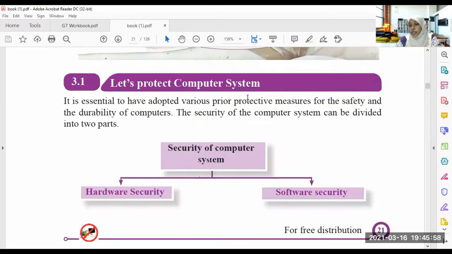Let's protect the computer system. It is essential to adopt various protective measures for the safety and the durability of computers. The security of the computer system can be divided into two parts. So how many parts is it divided into?